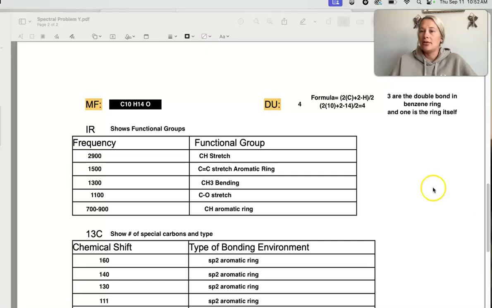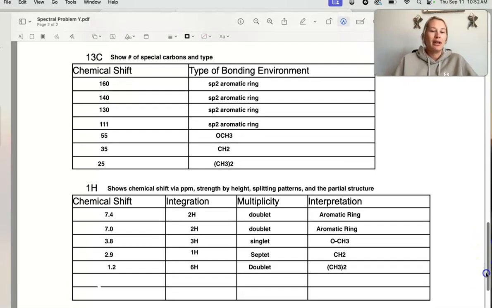I started out trying to figure out what this chemical formula would be by process of elimination. I started with our 1H NMR, because to me that is the best way to figure out your chemical structure. It shows our chemical shift, our integration, our multiplicity, which are splitting patterns, and our interpretation, which is our structures.